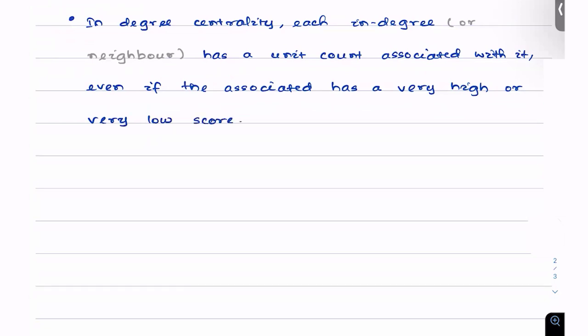So basically, it treats both of these nodes in an equal way.